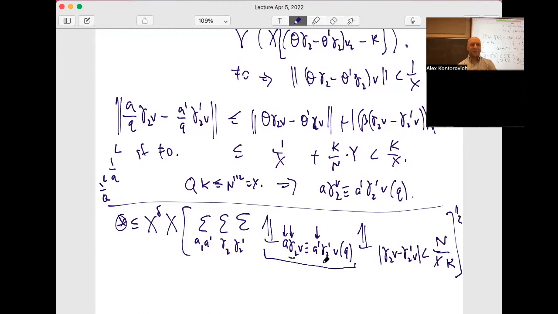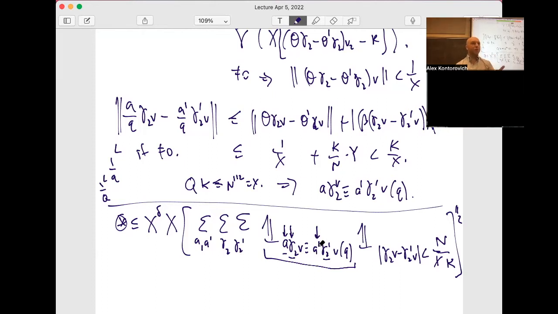So once gamma 2 and gamma 2 prime are determined, and A is determined, then A prime is determined. That saves us Q. What I'm saying is, if we fix gamma 2 prime, then our only savings in Q is this A prime.